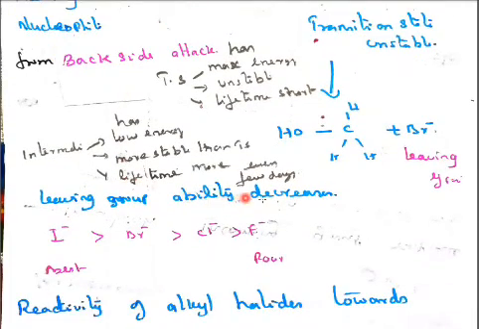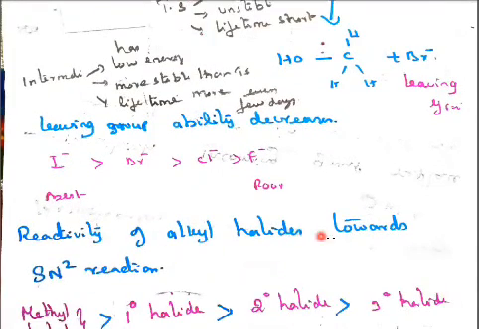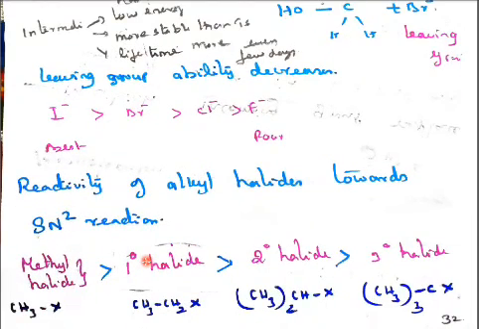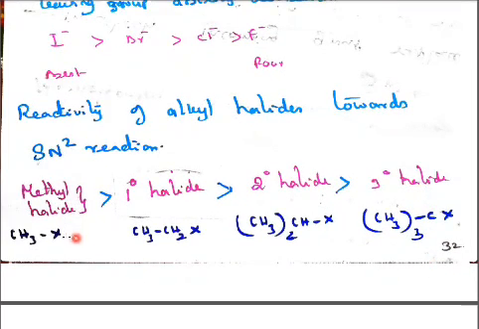Leaving group ability, as I already told you: I minus is greater than Br minus, greater than Cl minus, greater than F minus, which is a poor leaving group, but I minus is the best leaving group. So the reactivity of alkyl halides towards the SN2 reaction: methyl halide is the first priority, then primary alkyl halide, secondary alkyl halide, and tertiary alkyl halide.